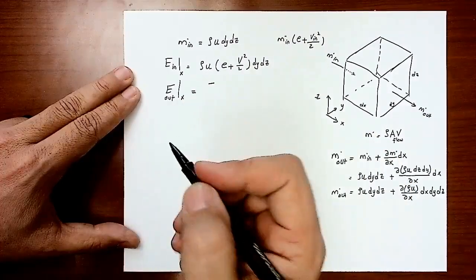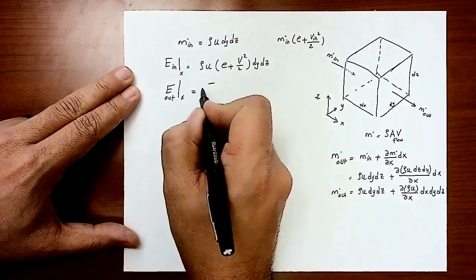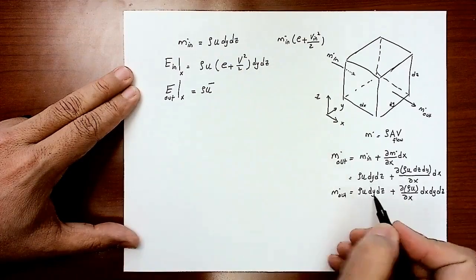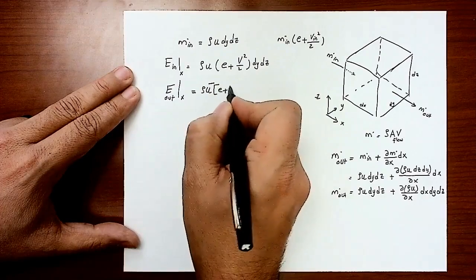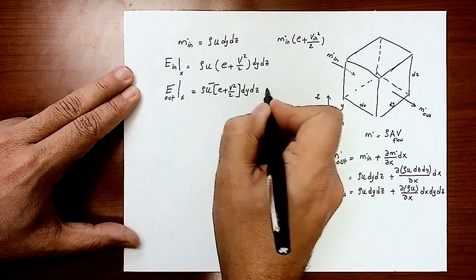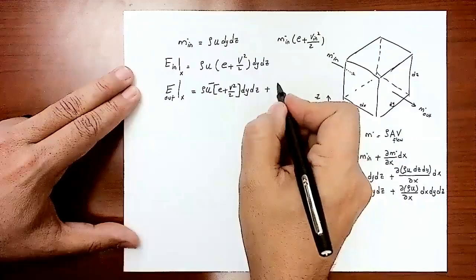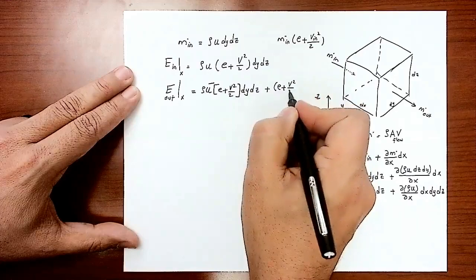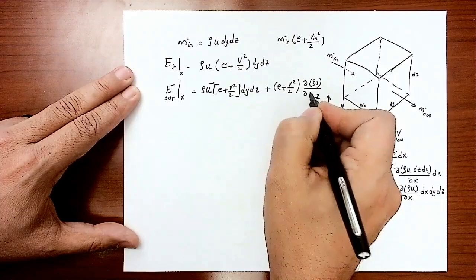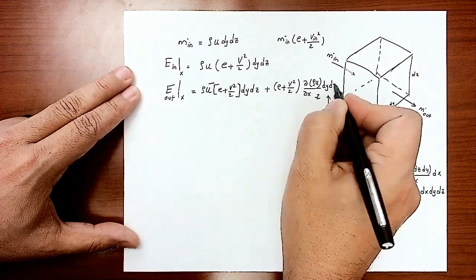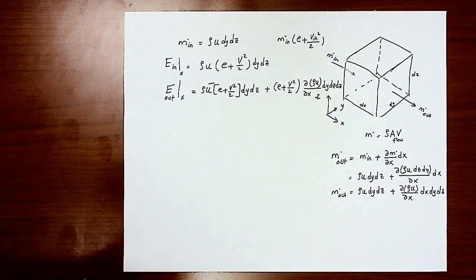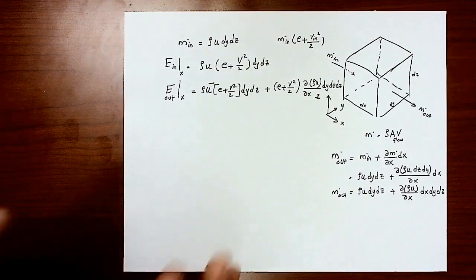So this equation will be rho u times (E plus V squared over 2) dy dz plus (E plus V squared over 2) times partial rho u by partial x times dy dz dx. This is the total energy exiting that cubical shape in the x direction.